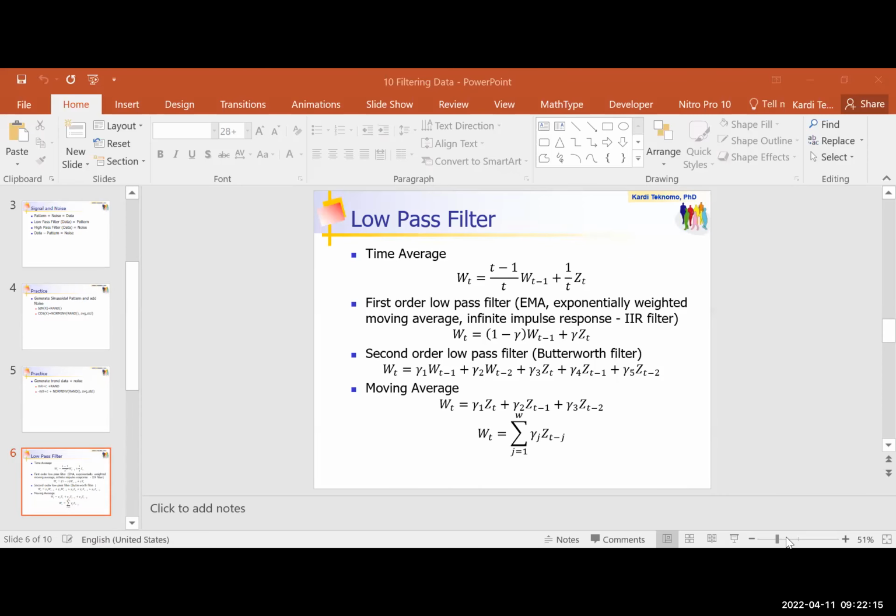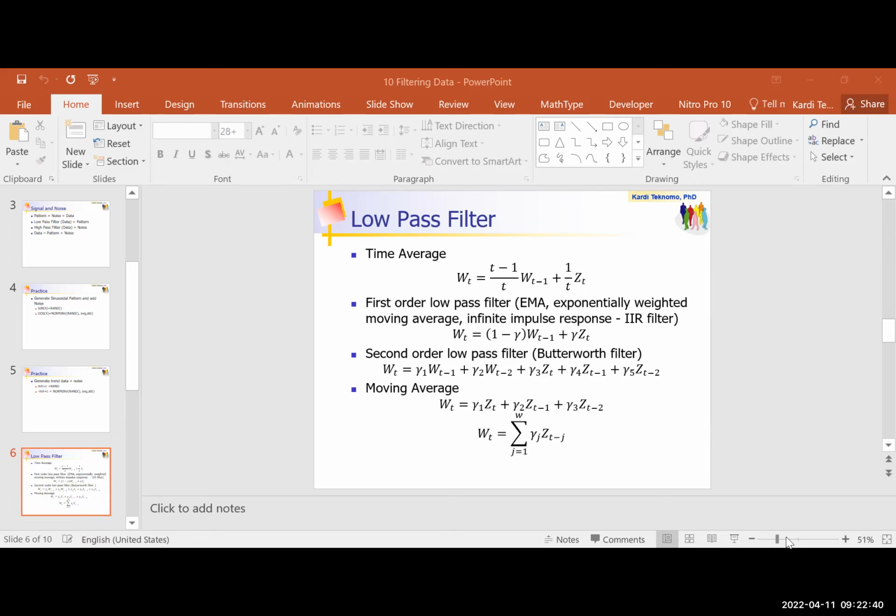There are many low pass filters in the world. One is just a time average. Second is a moving average. Or we can also use a first order low pass filter called EMA, the exponentially weighted moving average.